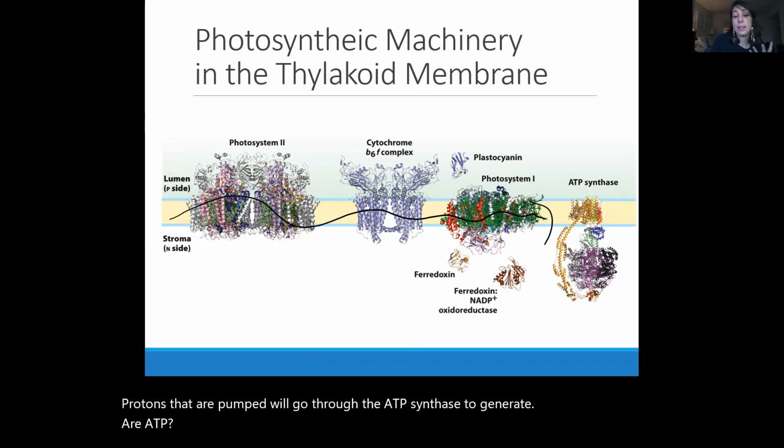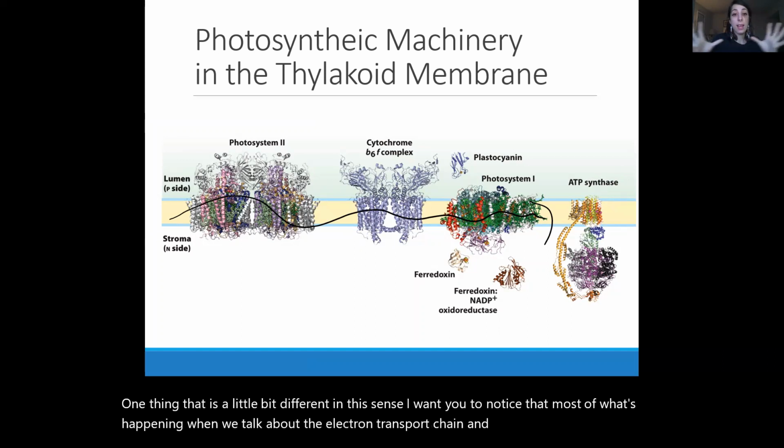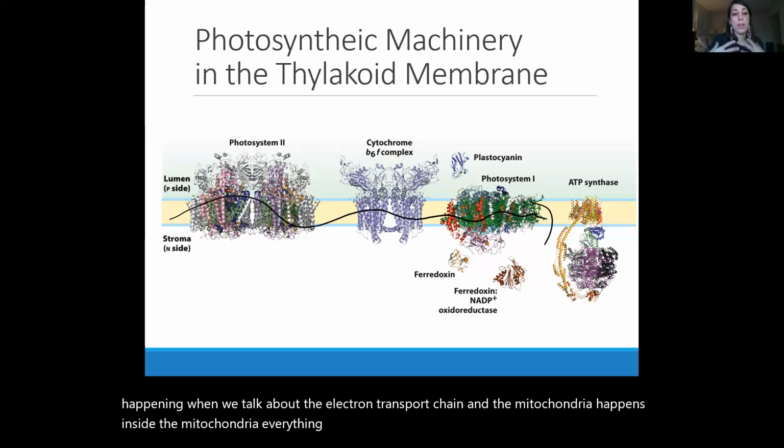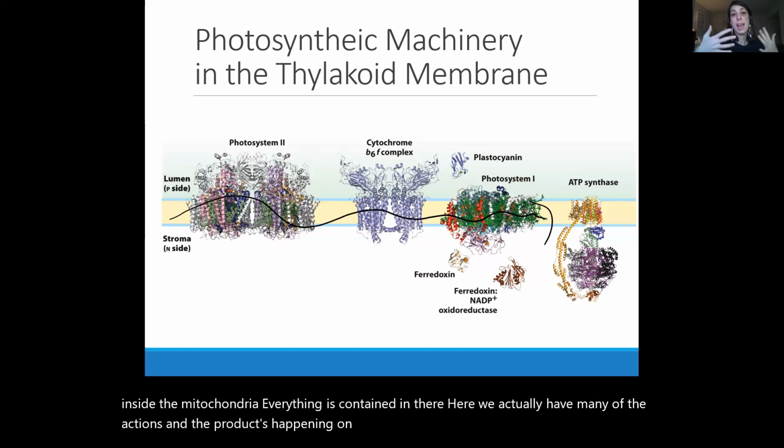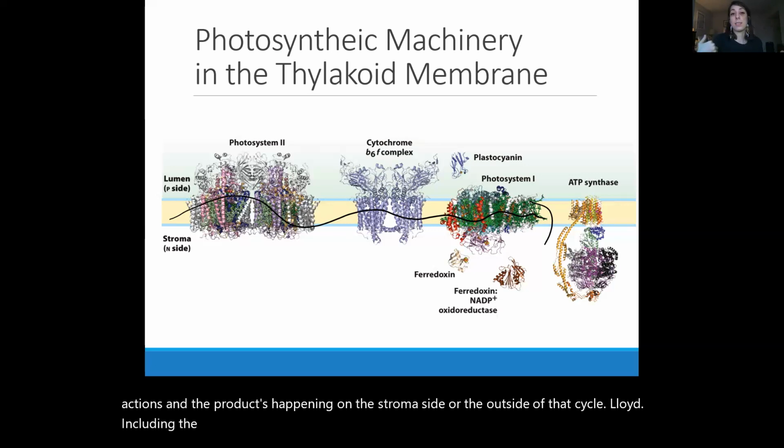One thing that is a little bit different in this sense, I want you to notice that most of what's happening when we talk about the electron transport chain in the mitochondria happens inside the mitochondria. Everything's contained in there. Here we actually have many of the actions and the products happening on the stroma side, or the outside of that thylakoid, including the ATP synthase, which is facing the other way, where we're actually producing ATP out into the outside.